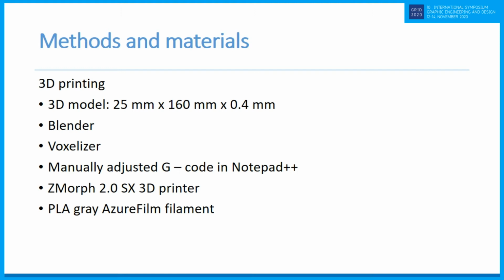The G-code was adjusted manually to avoid crashes of the printing nozzle into the installation frame in which the fabric was inserted. All the samples were printed with the Z-Morph 3D printer with 1.75 mm PLA gray filament.